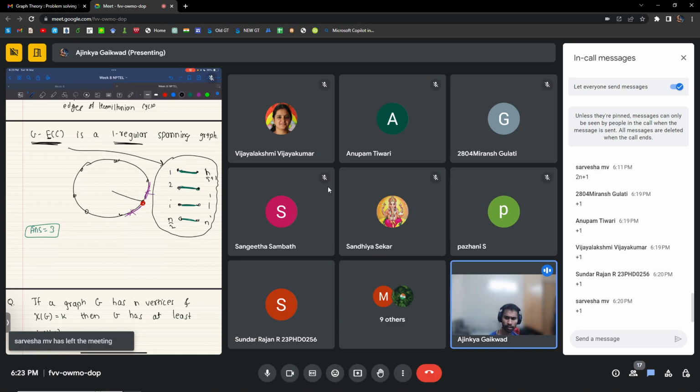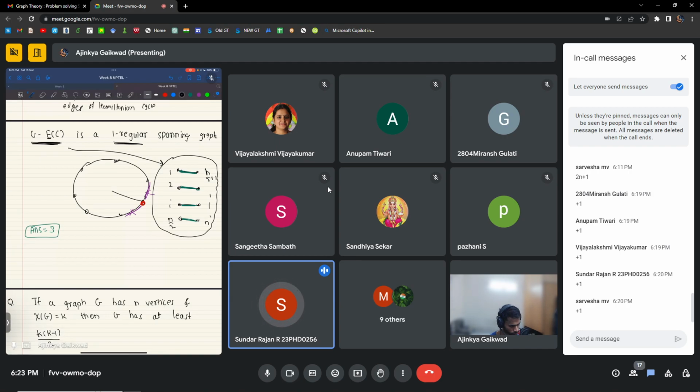I think it will be 3. Yes. So for small graph, we can find it very easily. But you have generalizedly shown how to remove the edges. But like that, can we say for chromatic number also?